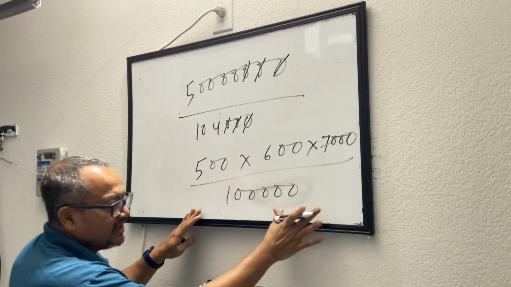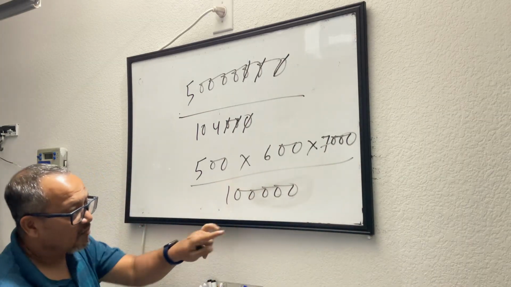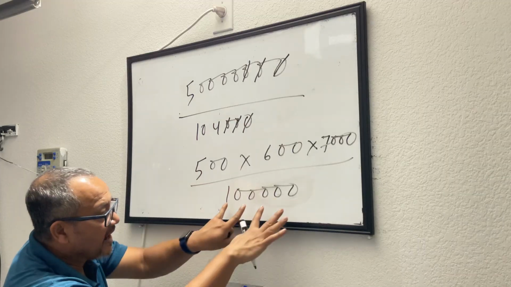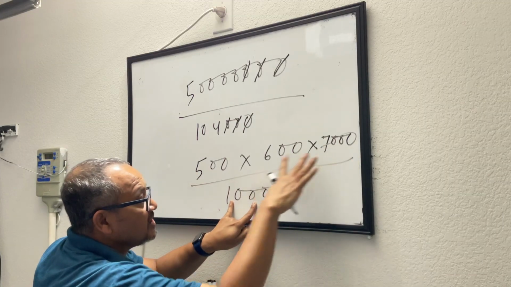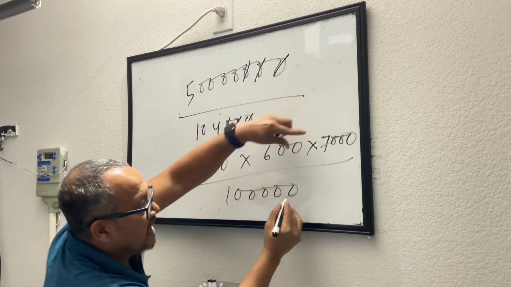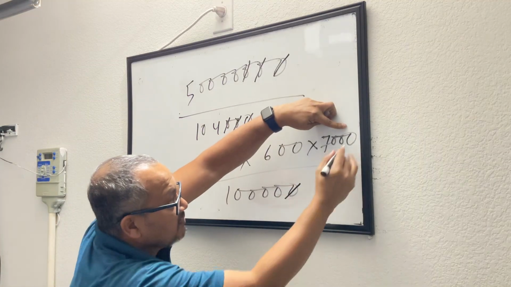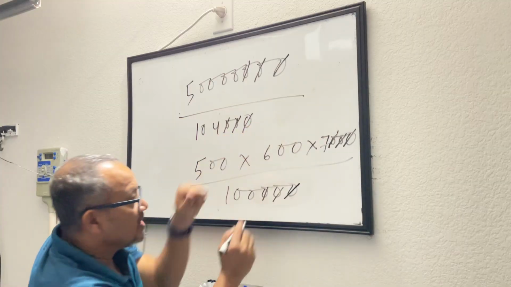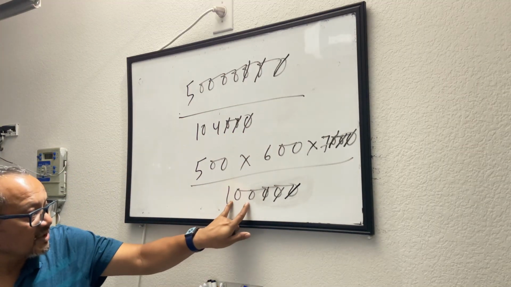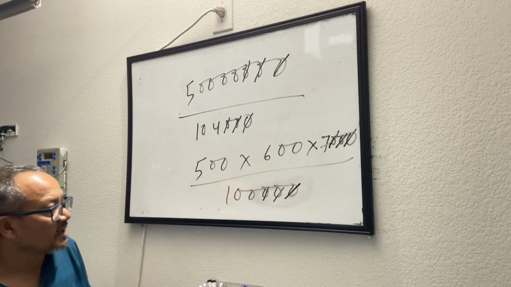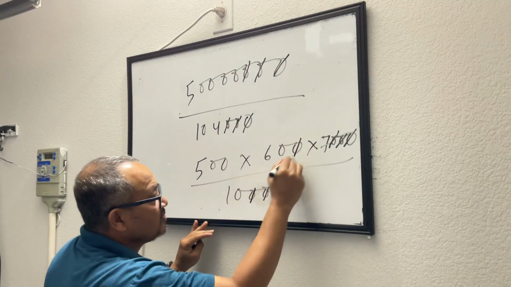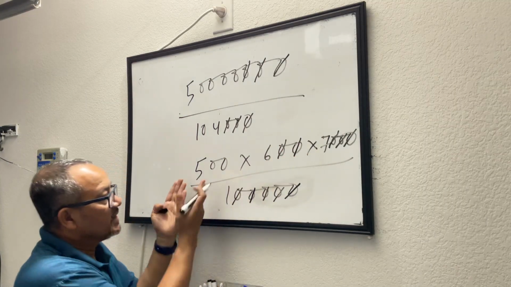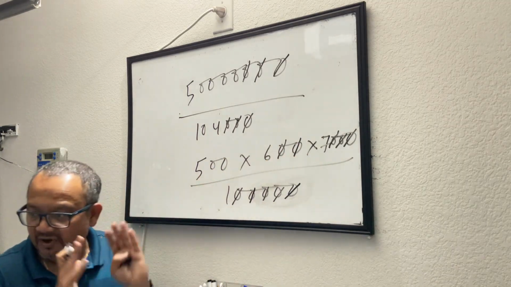I'm not even interested in getting the answer for this one. What I'm showing you guys is, I have 5 trailing zeros here, 3 here, 2 here and 2 here. I will start knocking off the trailing zeros one by one. This one gone, this one gone, this one gone. Then I am left with 2 zeros here. I can choose which one I want to knock off. So 1 zero here, 1 zero here, 1 zero here, 1 zero here. Then I am left with 500 into 6. Whatever that comes out to be.